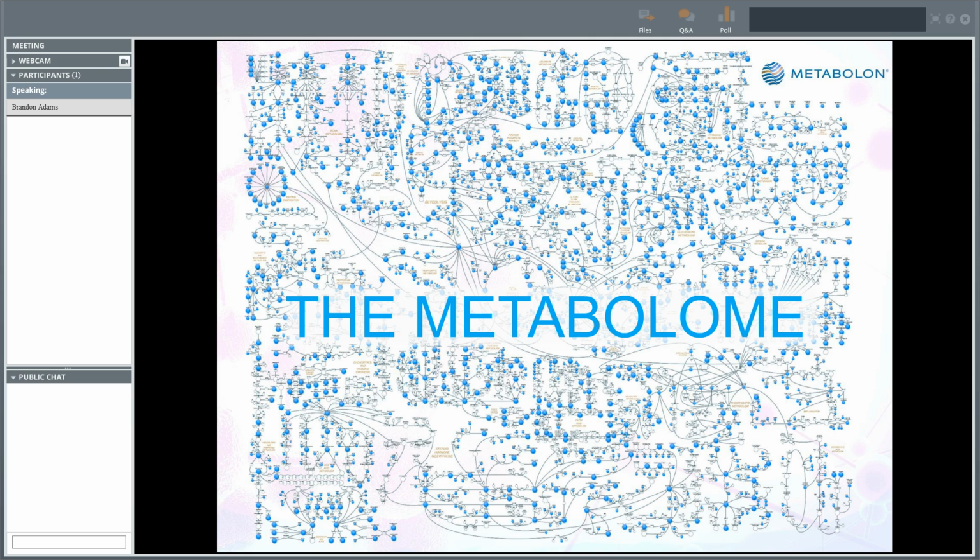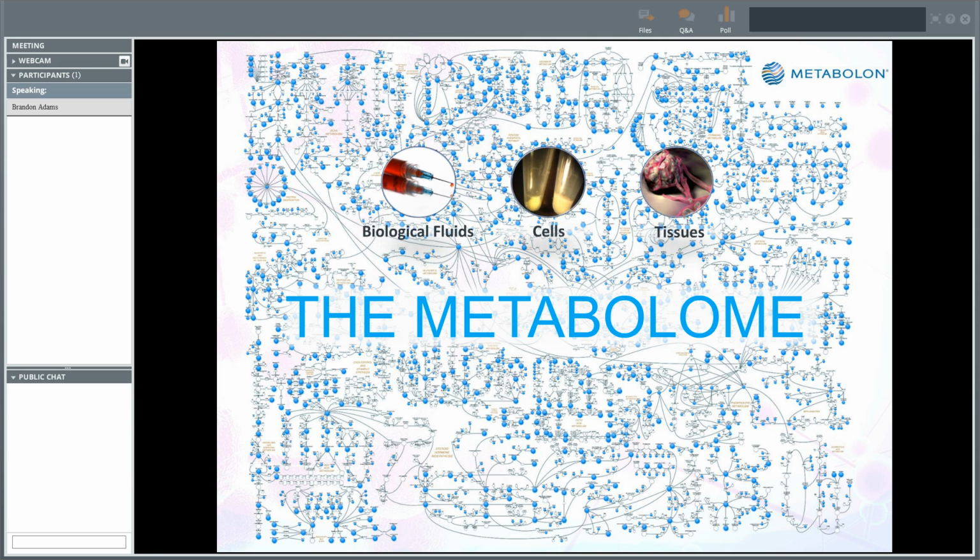So this is the screenshot or the wall chart of all the small metabolites that circulate in our body. And each of the blue dots represents a metabolite we can detect in human plasma samples, just to show you our coverage. And essentially what metabolome does is to take the samples from the client, and it can be biological fluid, cells, tissues, any matrix that you can probably think of.